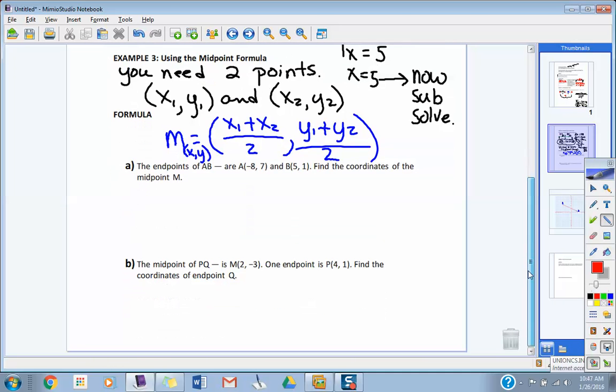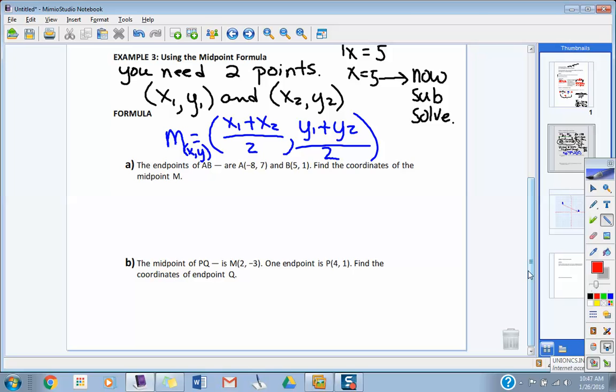I'm going to call A point 1, and B is always going to be point 2. My point 1, my point 2. Okay, let's find this midpoint. My midpoint, in terms of a coordinate x, y, is the following. First point, what's the x value? -8.